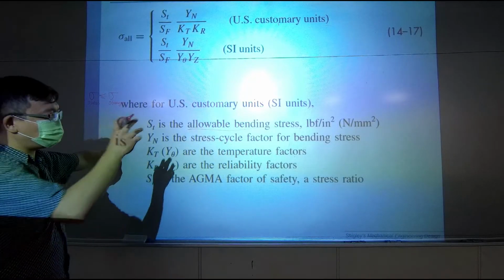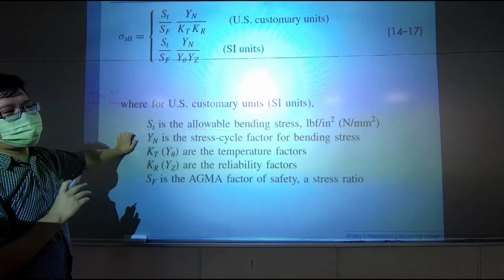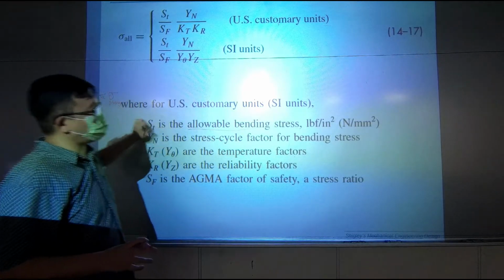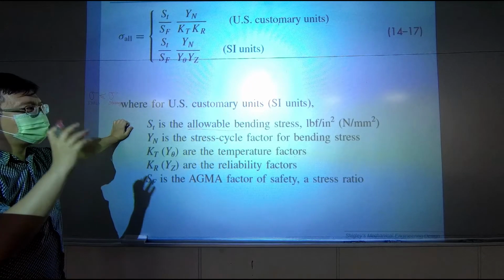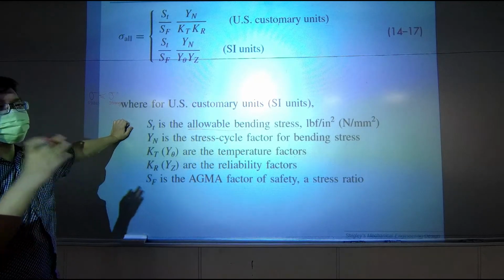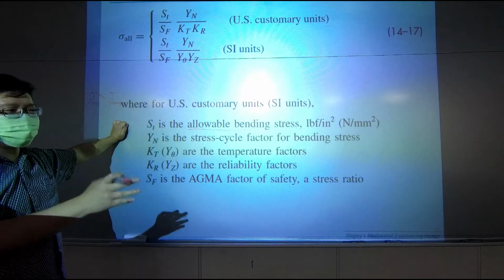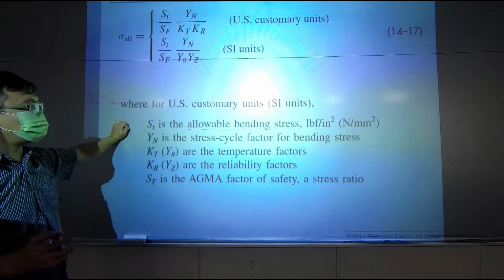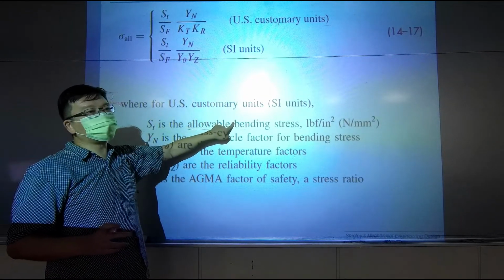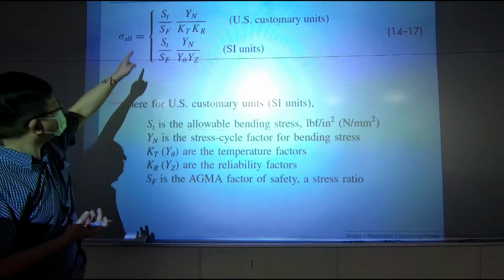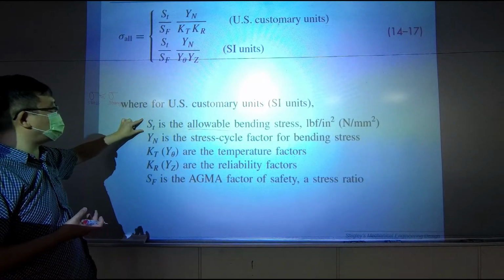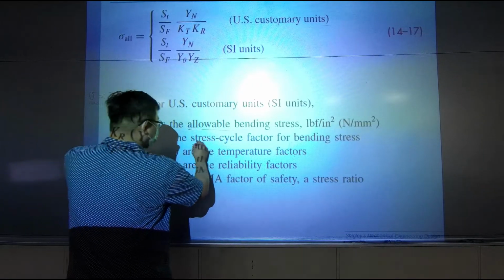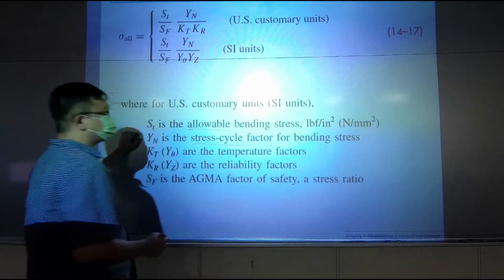You can use the Young's modulus to estimate what would be the allowable. Definitely, allowable bending stress is very related to your material property. Stronger material allows stronger bending. Okay? So ST is allowable bending stress. YN is the so-called stress cycle factor.